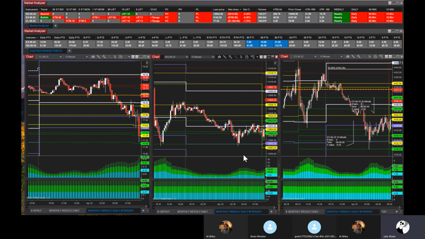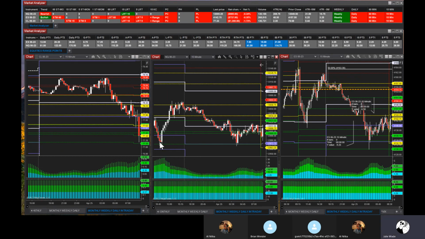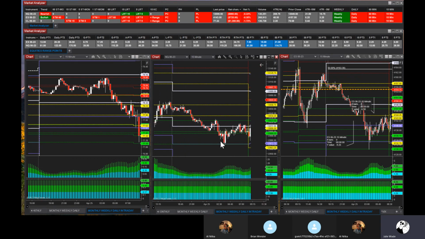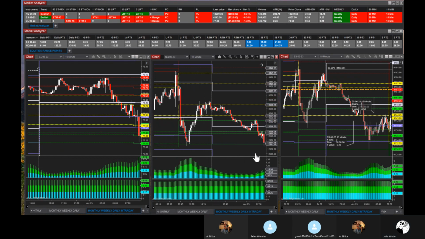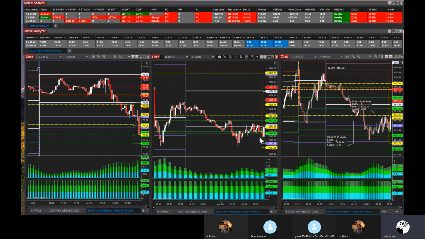And it caught that in the Globex session as well as the RTH. So there's 2 touches on that level. Just saying.